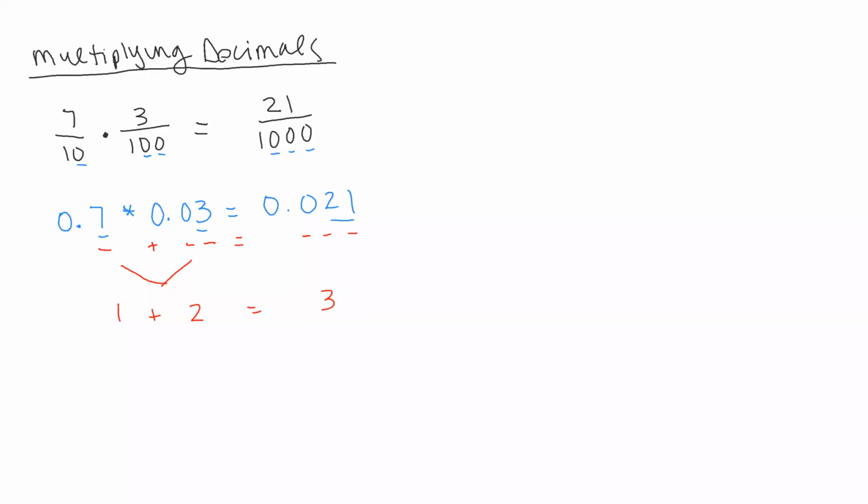So here's what we really do. We line up the numbers vertically. A lot of times when you do basic arithmetic, add, subtract, multiply, divide, there is a vertical setup.